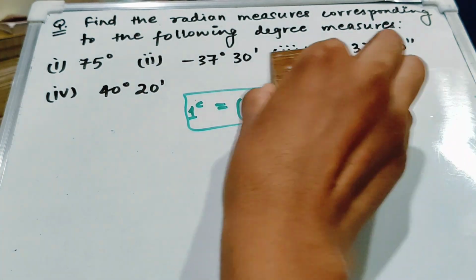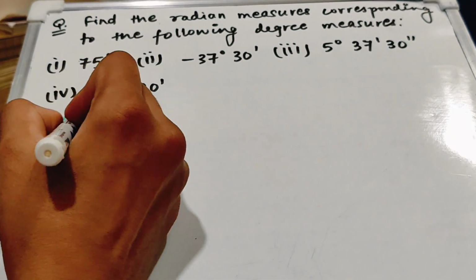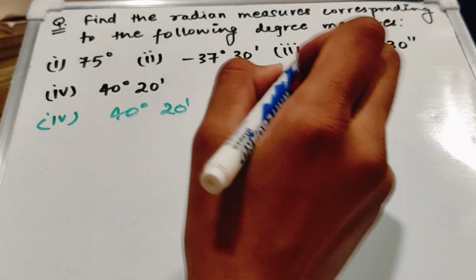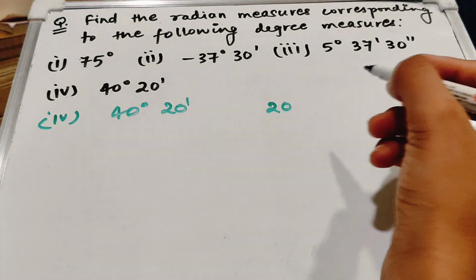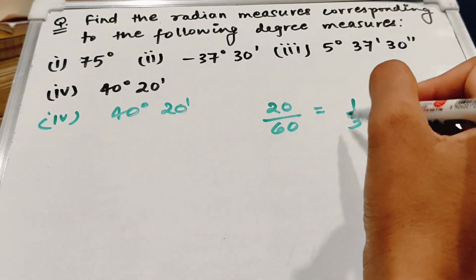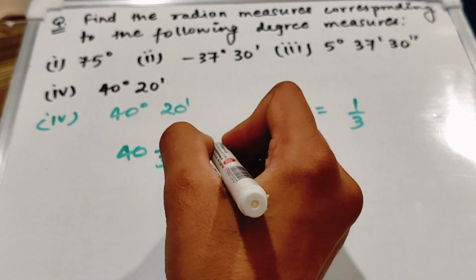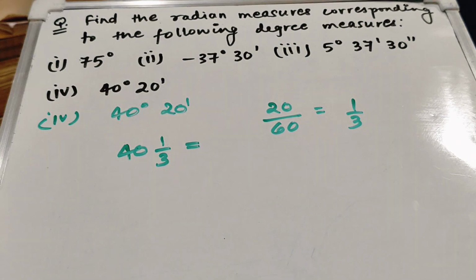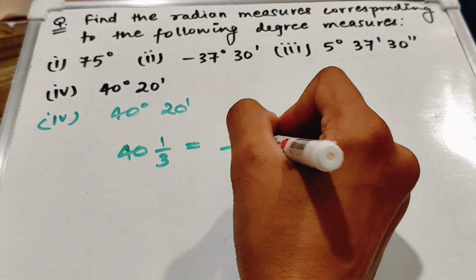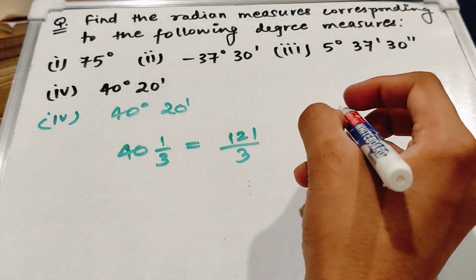I'm going to erase this now because I'm pretty sure that you must have memorized it. Now the fourth question is converting 40 degrees and 20 minutes to radians. So I will take the minutes part, divided by 60, 1 by 3. Now I have the fraction portion of the mixed fraction, 1 by 3. On solving this I will get 121 by 3 because this is 120 and then plus 1, right?